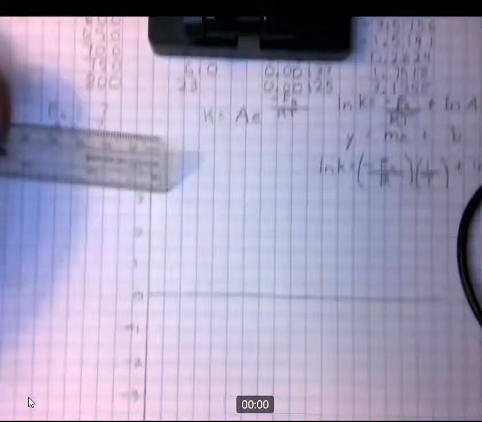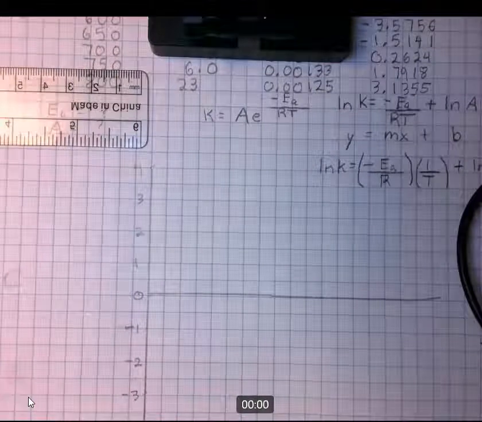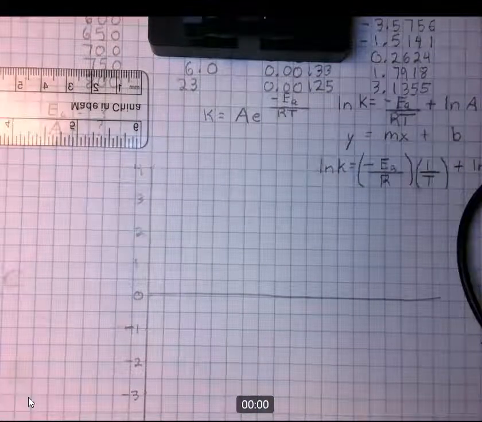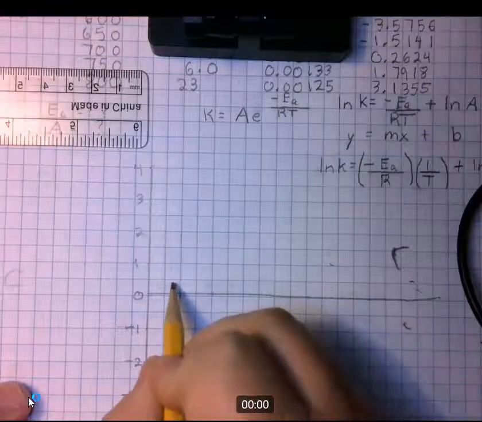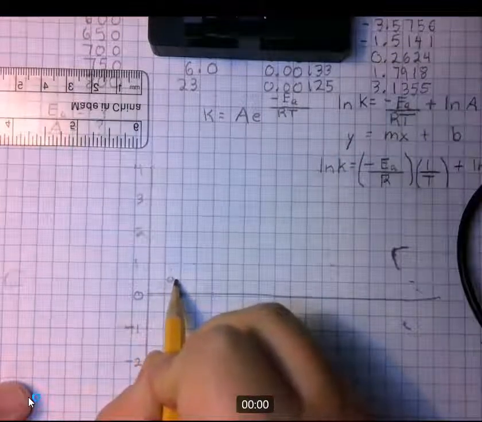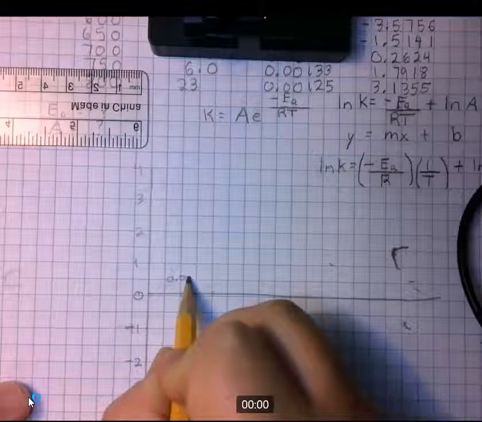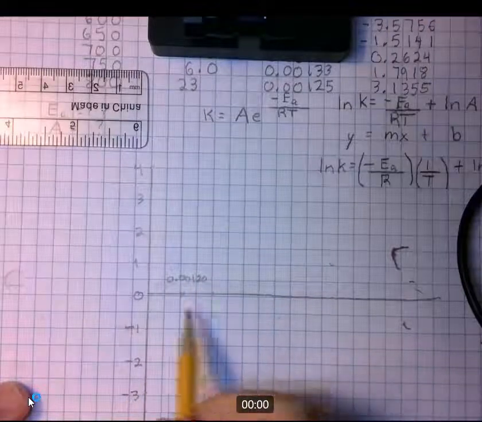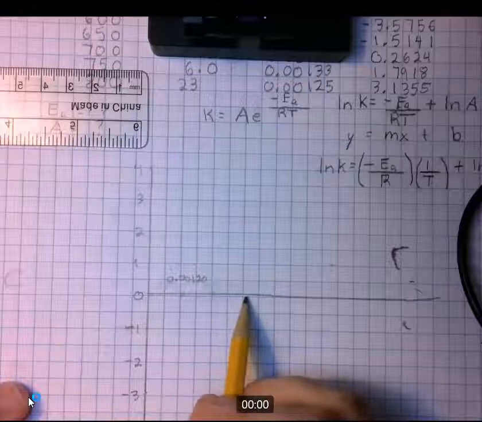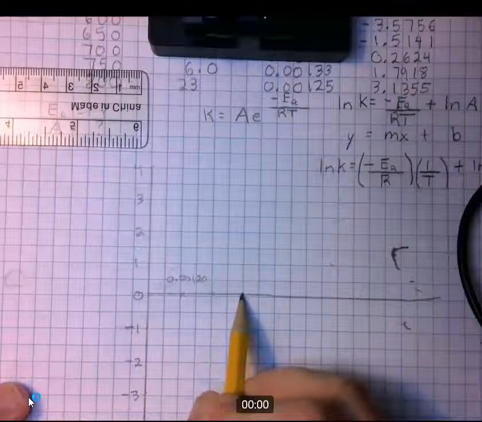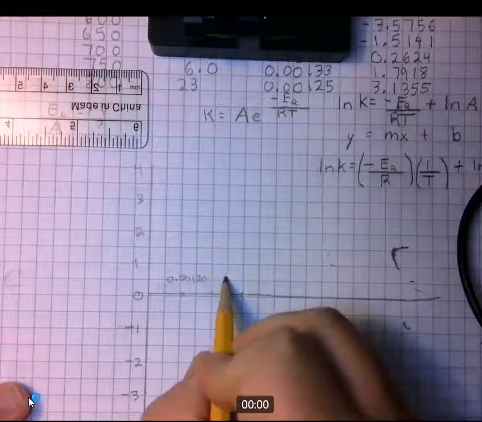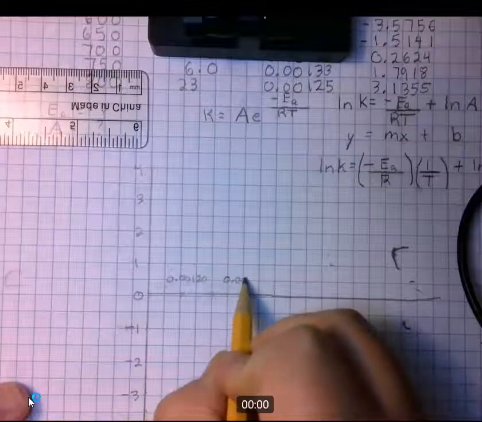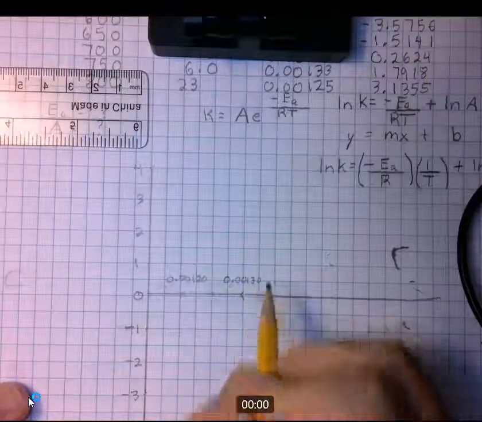And that has to go from 0.00125 to 0.00166. So this is 0.00120, and we're going to go 1, 2, 3, 4, and just pick some number that's reasonable. 0.0013.